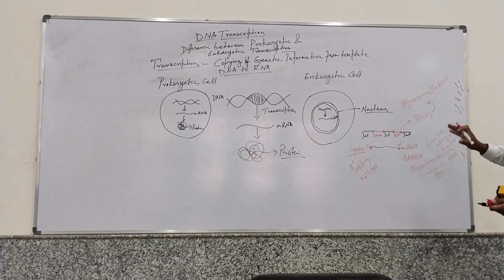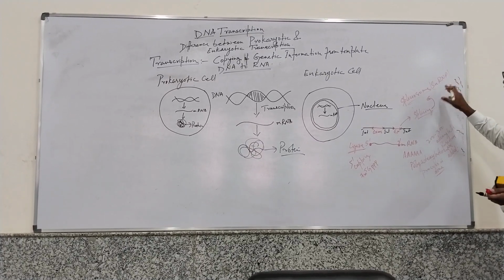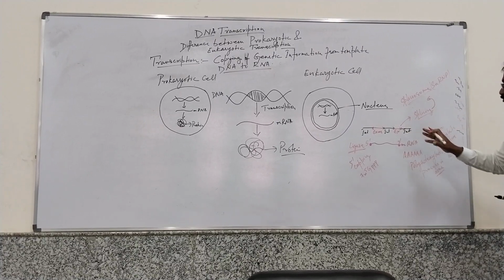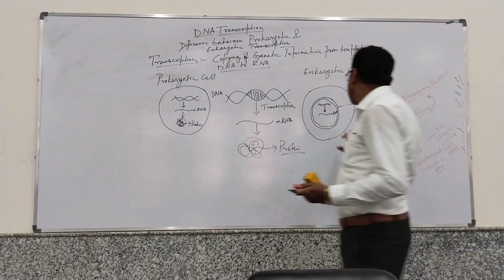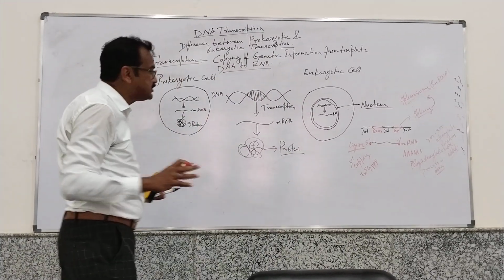It is small nuclear RNA plus small nuclear protein. It's a type of complex which does the splicing activity, and that is what is known as the spliceosome. So this is the second additional feature which has been done.